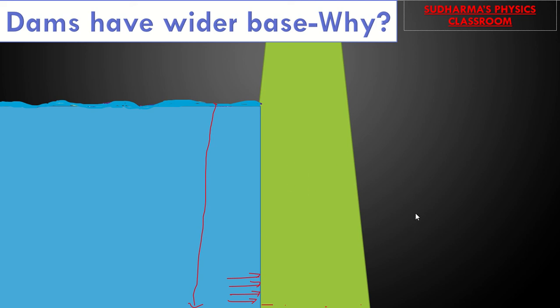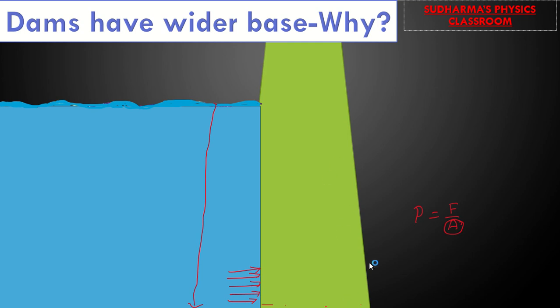So we have pressure is equal to force divided by area. So more the area, less pressure, right? Liquid exerts pressure throughout the walls of the container. Here we can say the container is not there, but the walls of the dam act like the walls of that container, right? So the liquid will be exerting pressure on the walls of this dam. If you have more area, that pressure exerted will be distributed over a larger area.